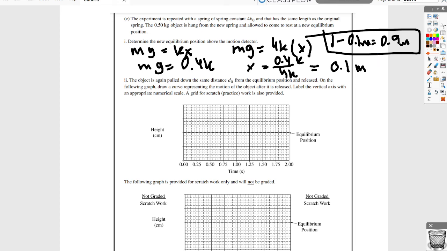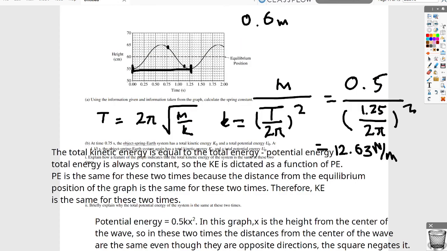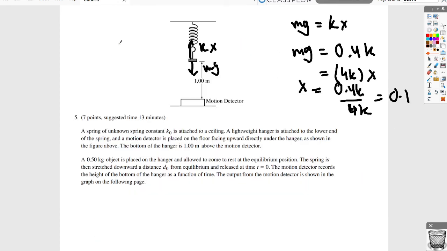Why is it 1 minus 0.1? Because 0.1 is just the distance. So when this was pulled down even more with the block, this distance was 0.6, because the motion detector measures from the bottom to the top. So it's 0.6, which means this distance right here was 0.4.